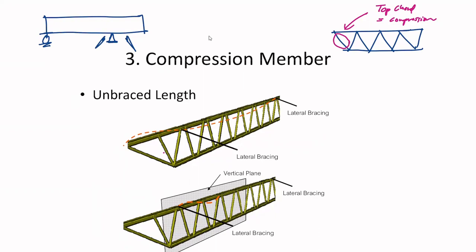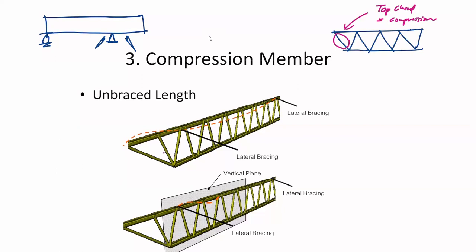Oh, and Ajahn Sutat wants you to do that, so it's kind of complicated in terms of bracing. Now, you have to understand the behavior first, so that you can see what I am going to talk about. So let's say the top chord is a compression member. Okay, so now we are going to look at the top chord and see how it is braced for compression.